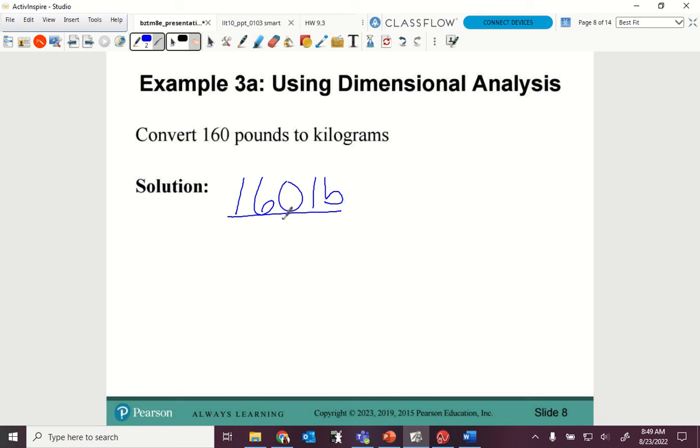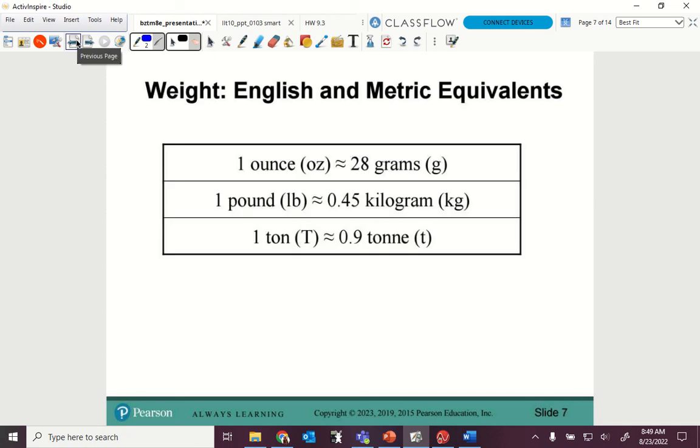All right. Anyway, start off with over 1. On the bottom, what's going to go on the bottom? Pounds. What am I turning it into? So we got to find a conversion where it says pounds and kilograms. 1 pound is 0.45 kilograms.